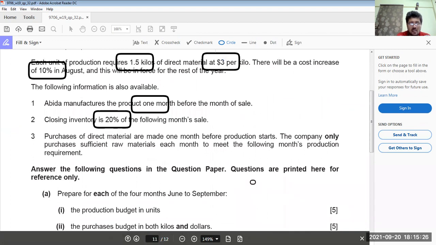Now, purchase of direct material is made 1 month before production starts. The company only purchases sufficient raw material each month to meet the following month's production. Okay. Prepare production budget in units. Very interesting question.